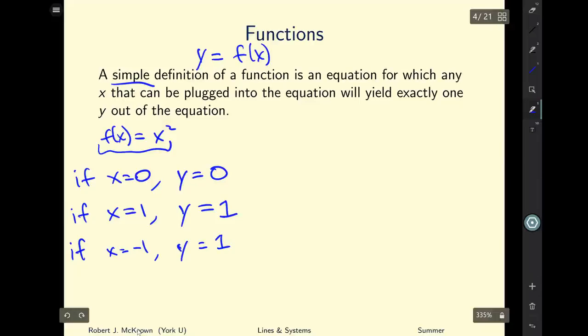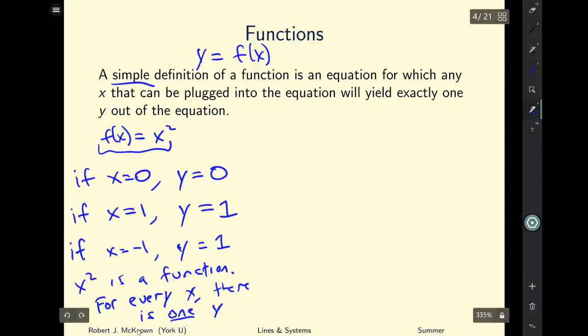So I'll tell you that x squared is a function: for every x there is 1 y value.